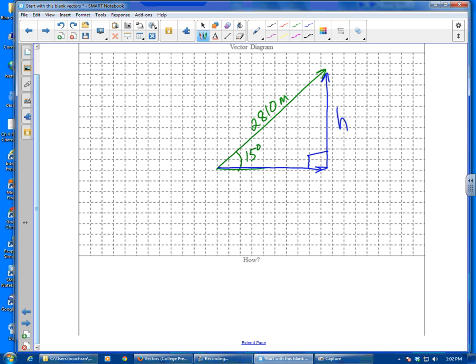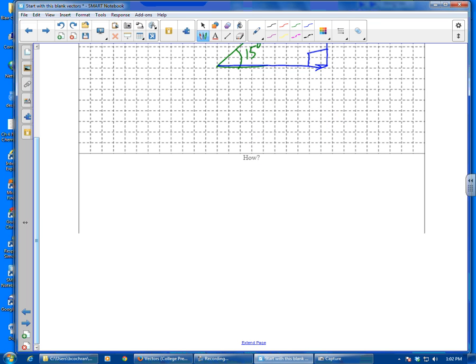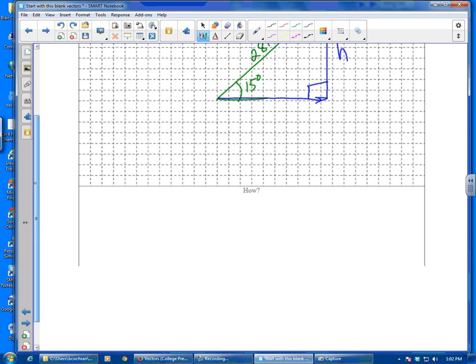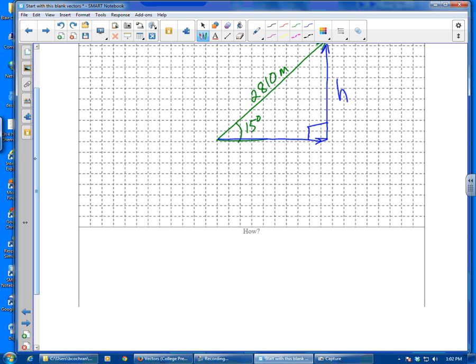Sine, right? So sine of 15 degrees equals opposite h over hypotenuse 2,810 meters.